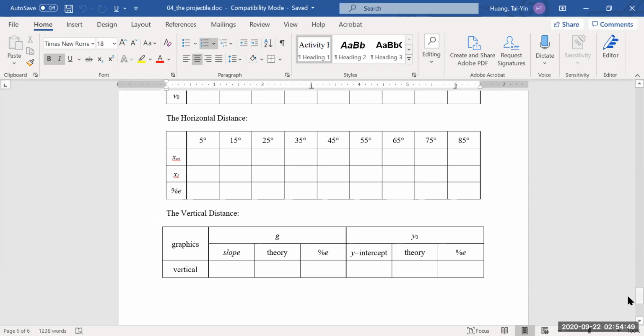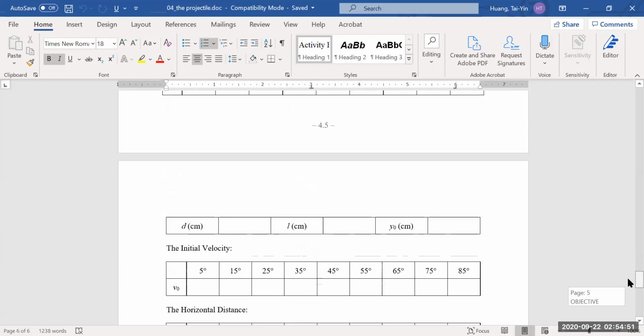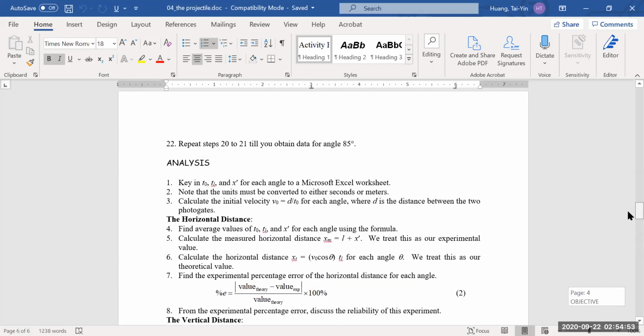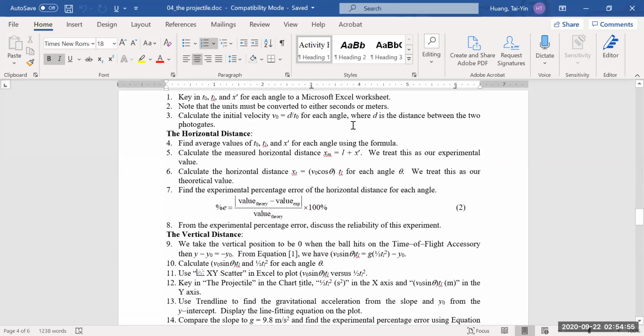And then what about the plot? How do we do the plot? So let's come back to the analysis. When you read through the analysis, this equation tells you how to calculate your XM. We went over that. And this equation tells you how to calculate initial velocity.